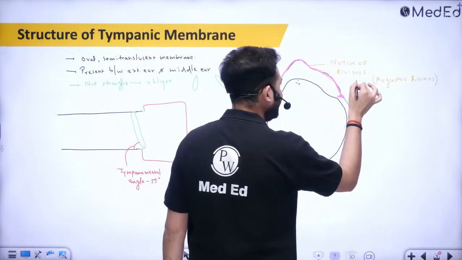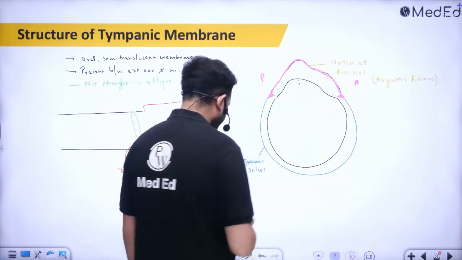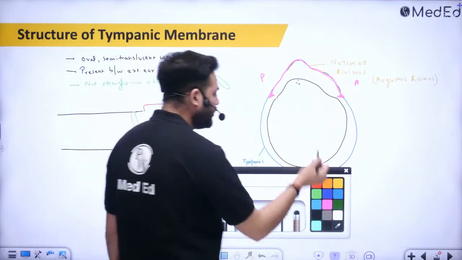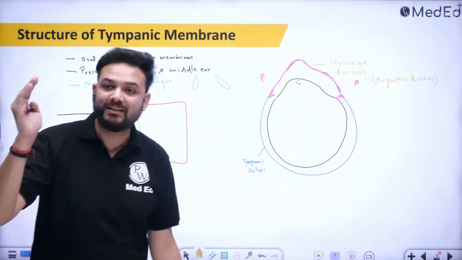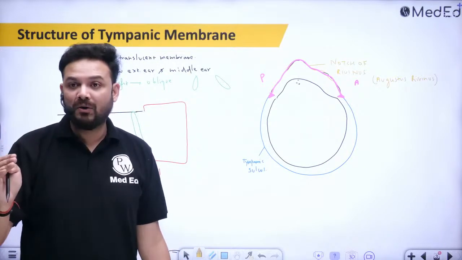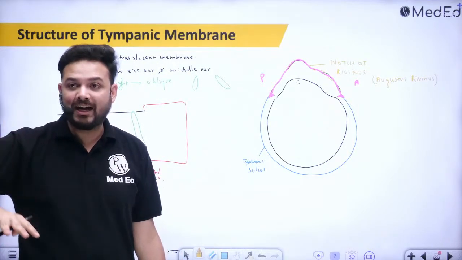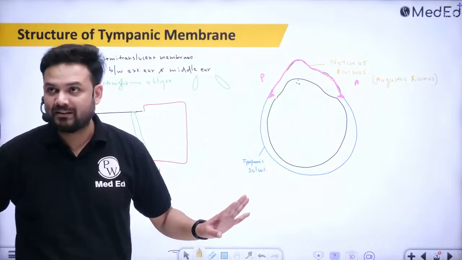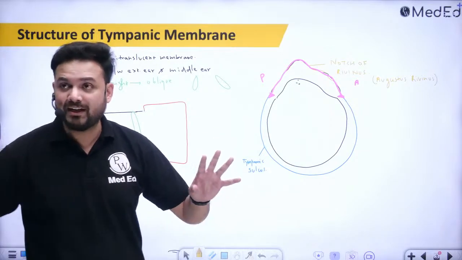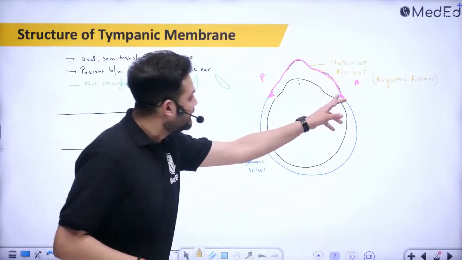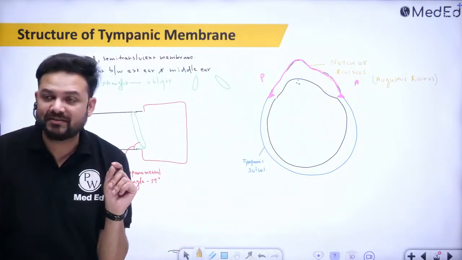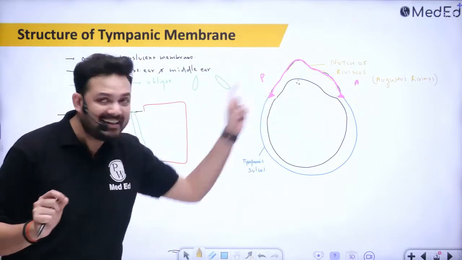Let's say this is anterior side and this is posterior side. Now this projection which is present over on the tympanic sulcus, almost at the terminal end where my tympanic sulcus is finishing, right? External auditory canal or auditory meatus same है. It is the same. When I was telling you external ear, it is the same. दोनों एक ही चीज होती हैं. Okay? So there are two projections which are present at the terminal end of the tympanic sulcus.